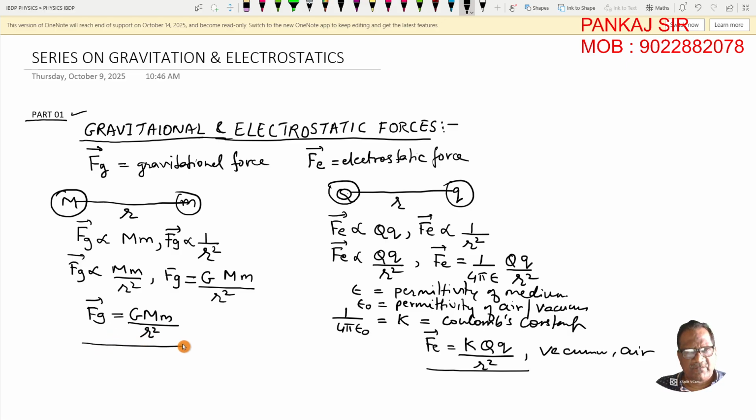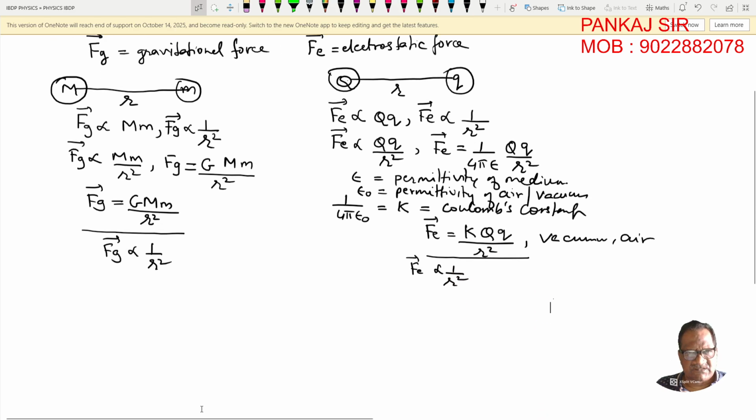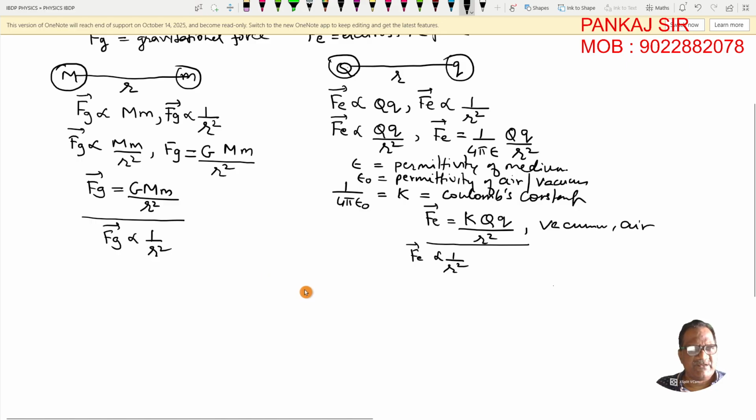What is the similarity that you see? Both the forces: the gravitational force is inversely proportional to the square of the distance between them, and the electrostatic force is also inversely proportional to the square of the distance between the charges. Of course, the unit will be newtons for force, as usual.